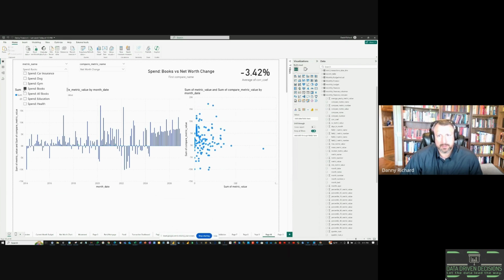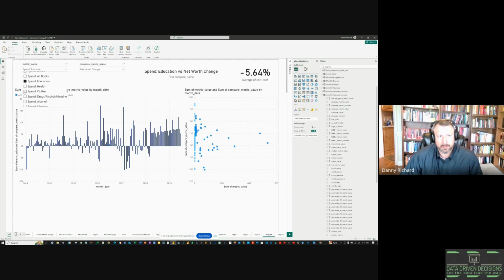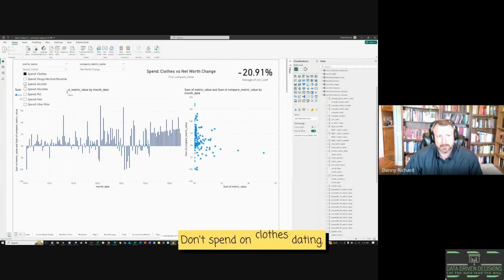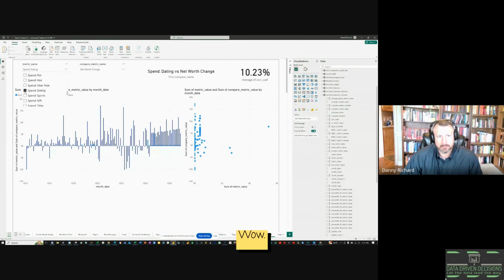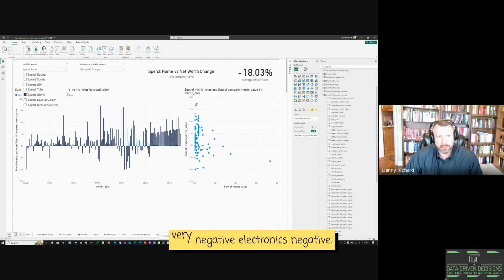What about books? Zero correlation. Health. Zero. Clothes. Very negative. Don't spend on clothes. Dating. Positive. Wow. Tithing. Positive. Home. Very negative.